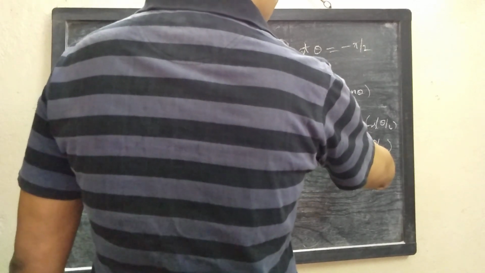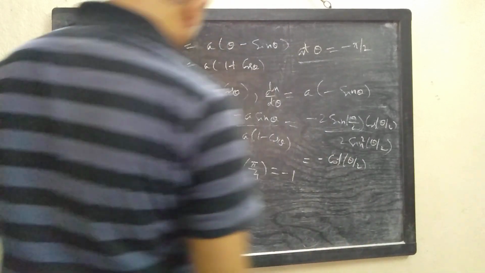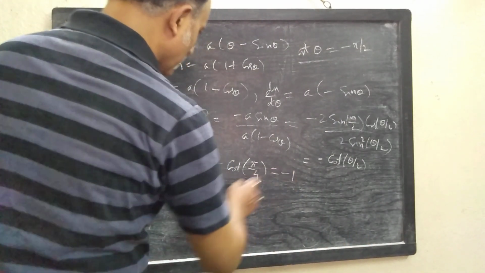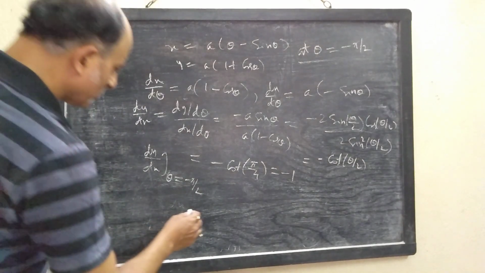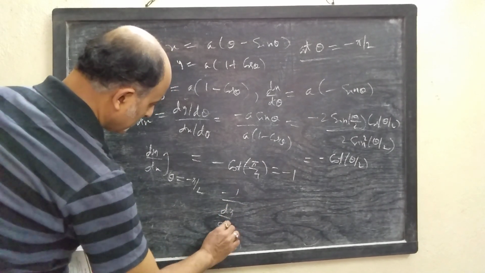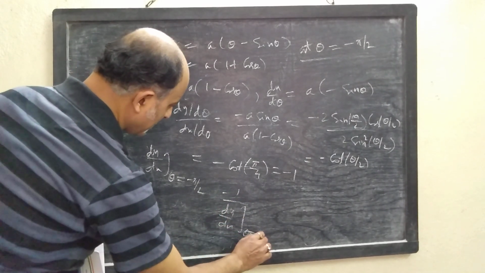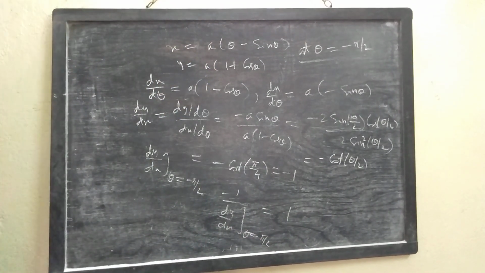So slope of the tangent to the curve at theta equals minus pi by 2 is minus 1. Therefore slope of the normal will be minus 1 by dy/dx at theta equals minus pi by 2, this will be plus 1.